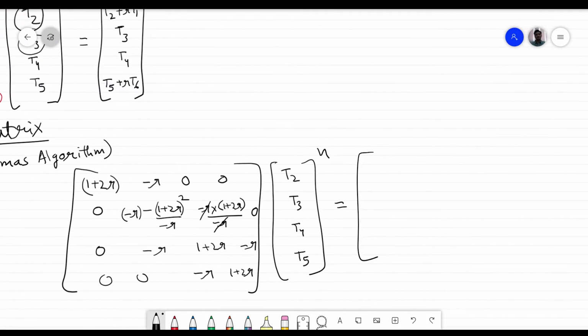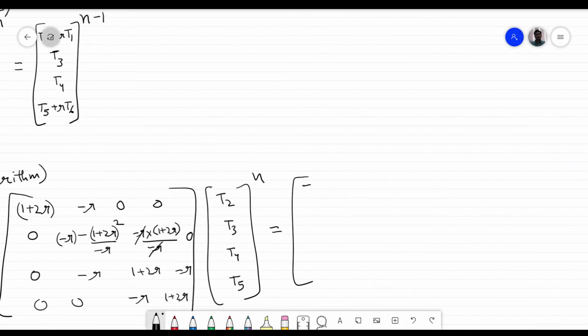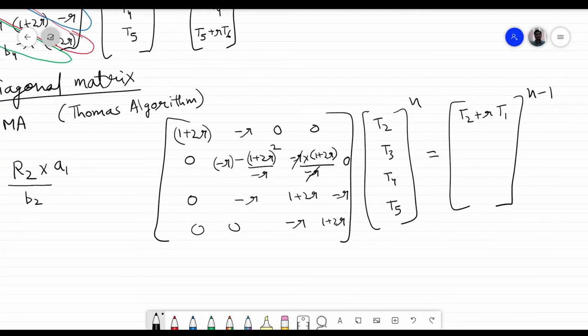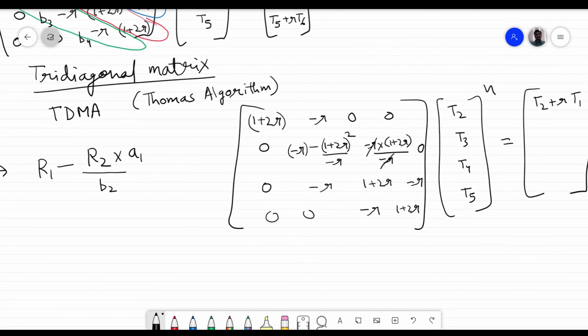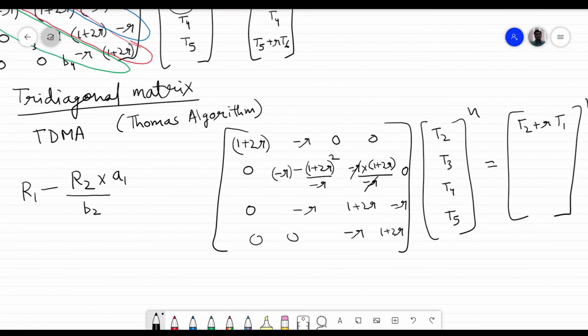On the right hand side, the top row remains the same, T2 plus R T1 at n minus 1. The second row is row 1 minus row 2 times A1 by B2.